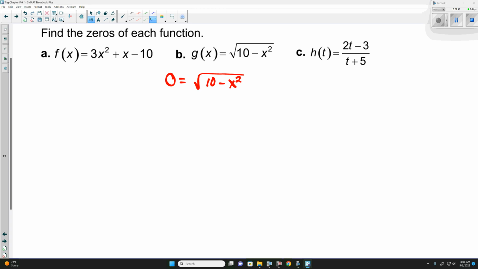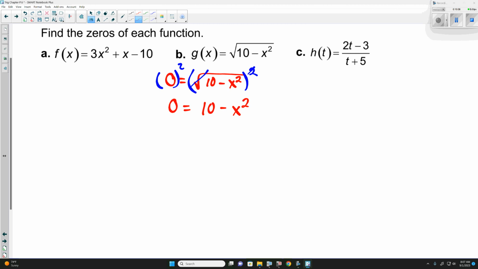But because of the minus, it's not one whole term being squared, so we can't necessarily do that. We have to square both sides first. Now, the square root and square will cancel, telling us that 0 is equal to 10 minus x squared. We don't need the plus or minus because we didn't take the square root of both sides.